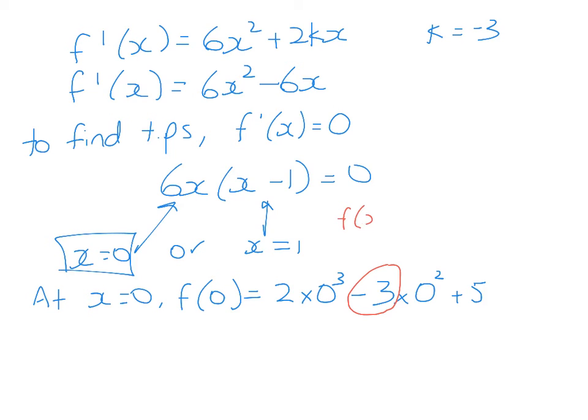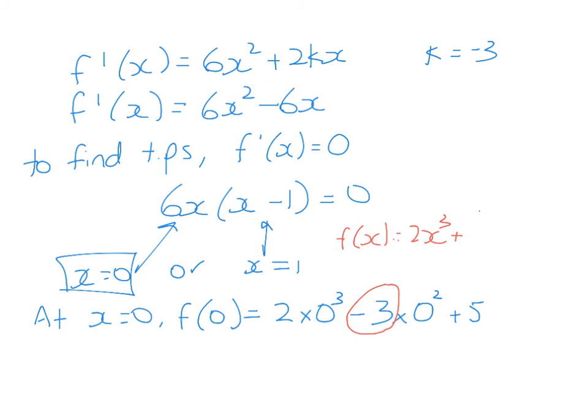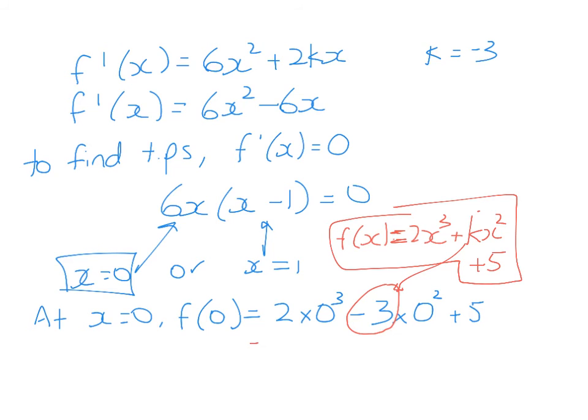Because we had f of x is 2x cubed plus kx squared plus 5. That's what we started out with. But now we know k, so that can come in here. Anyway, it doesn't matter because it's being times by 0, so we get the point is 0 and 5. But we haven't yet shown that that's a maximum. Oh, actually that's all we had to do.